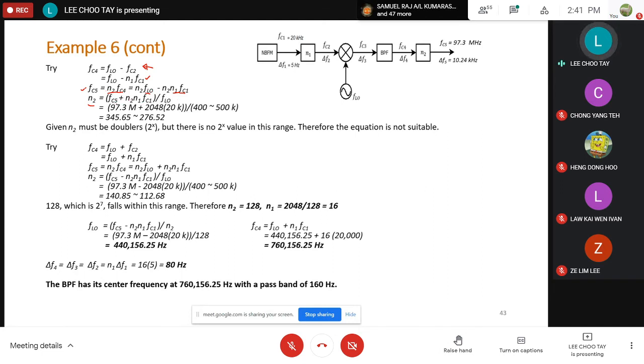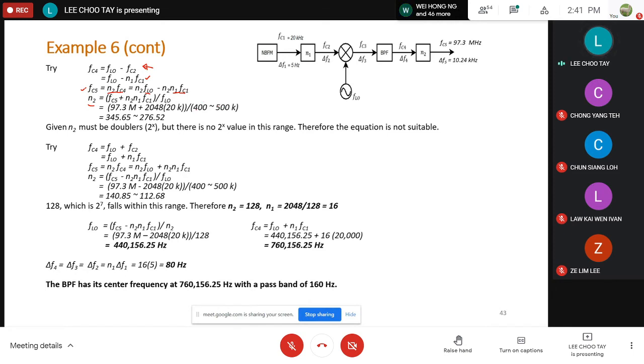Substituting the value for all the known items: FC5 is 97.3 meg, N2 N1 is 2048, FC1 is 20 kilohertz, divided by FLO. We know FLO is somewhere between 400K to 500K.